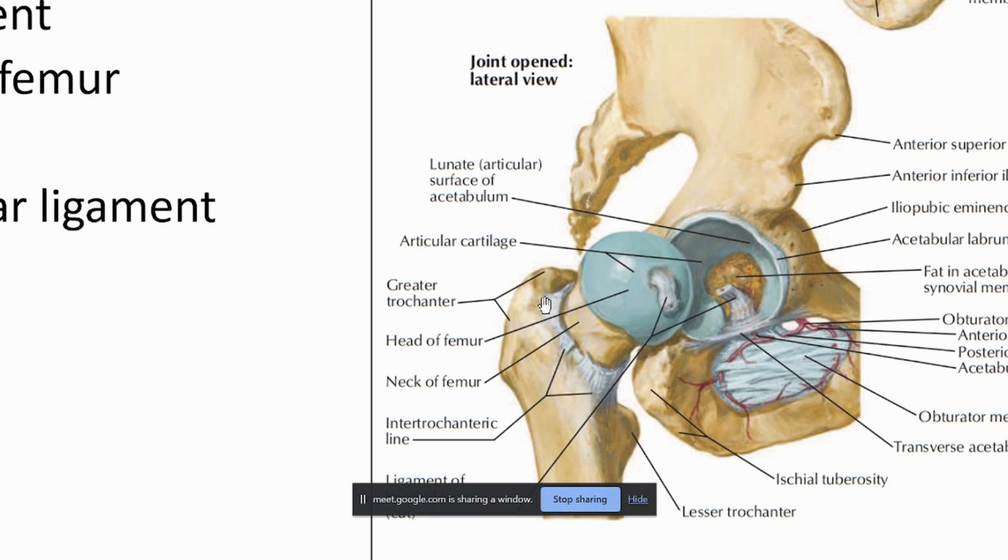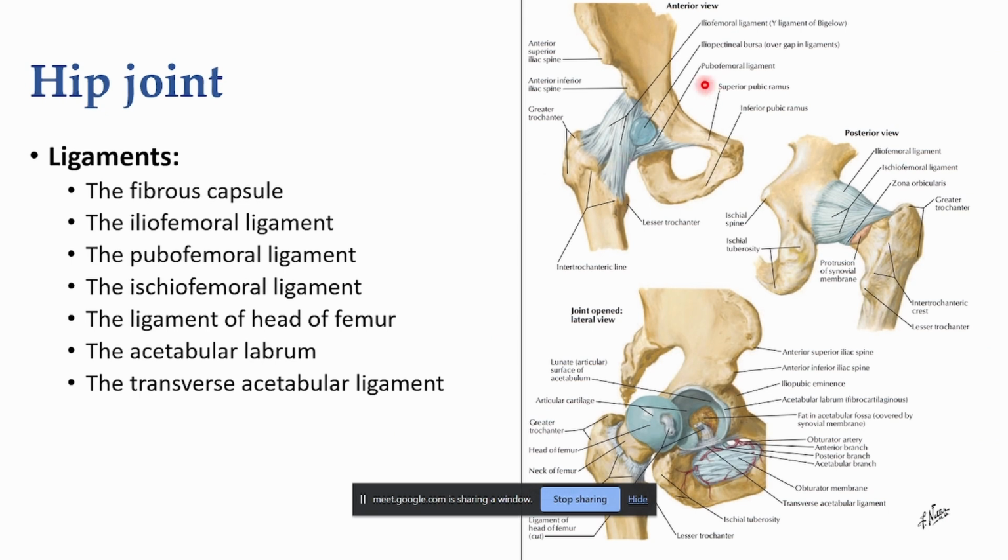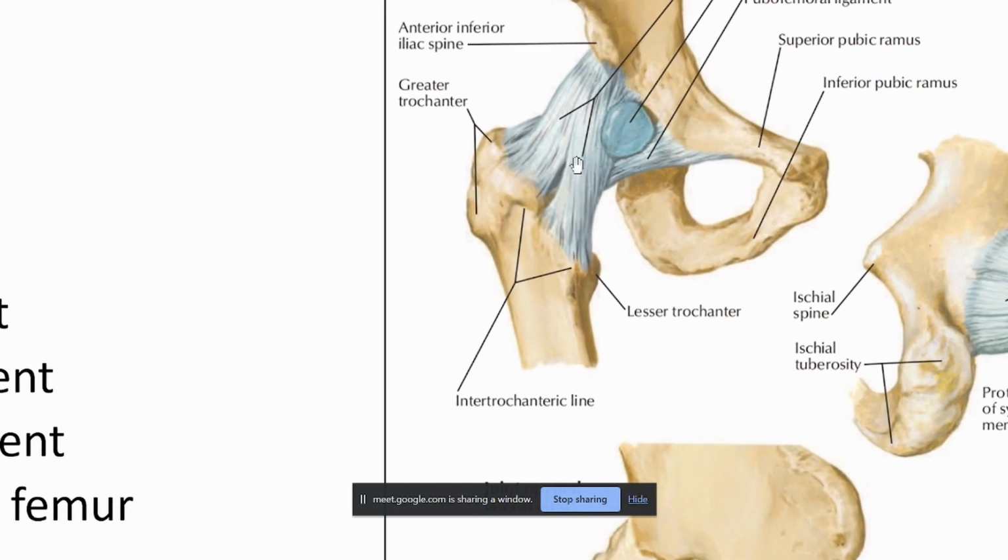As we can appreciate, the fibrous capsule is connected to the intertrochanteric line, and it is divided into the outer longitudinal and the inner circular fibers, which are also called the zona orbicularis. Next, we'll learn about the iliofemoral ligament, which is an inverted Y-shaped ligament or the ligament of Bigelow.